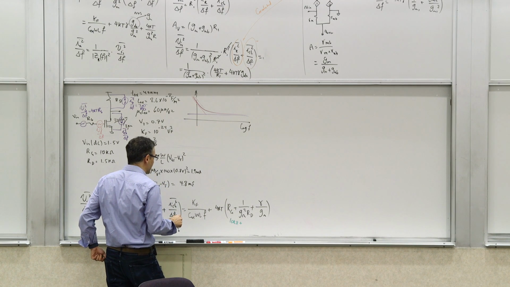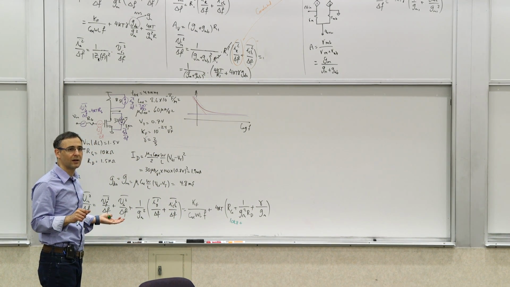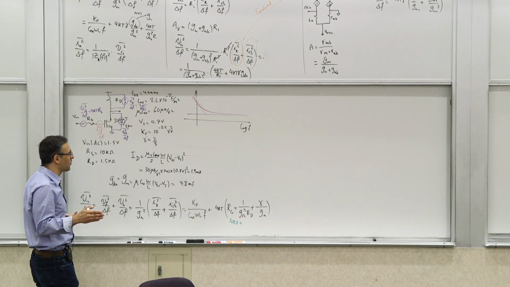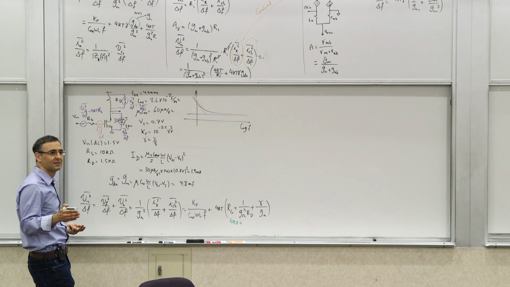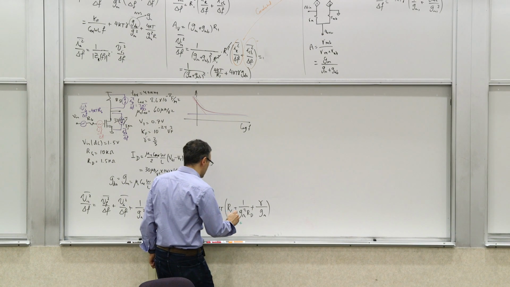And 1 over GM, so it's 4.8. If it were 5, RM would be 200 ohms. So let's say 200 ohms divided by 7, it's like 30 ohms.